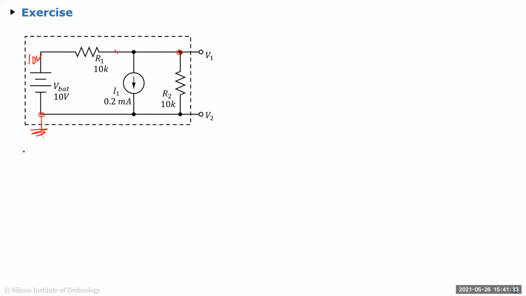So I'll say that's 10 minus V1 over 10K is equal to 0.2 milliamp plus V1 over 10K. And you just have one equation here. So you solve it, and basically you'll get 10 minus V1 equals 5 volt.